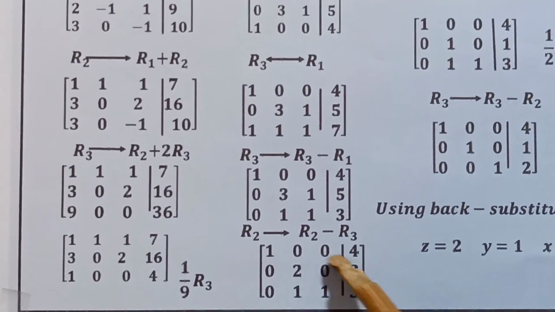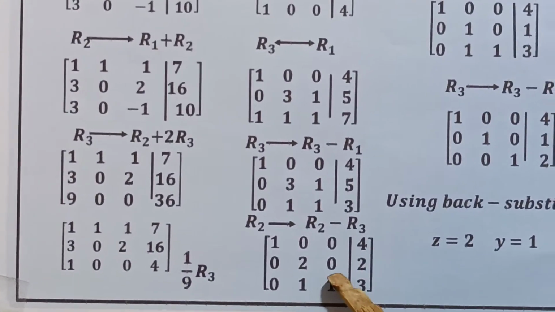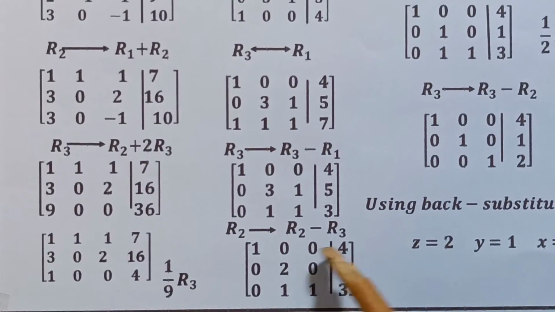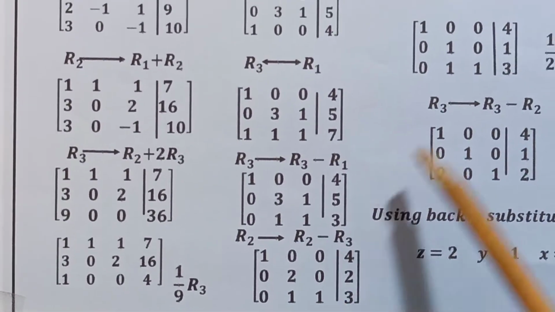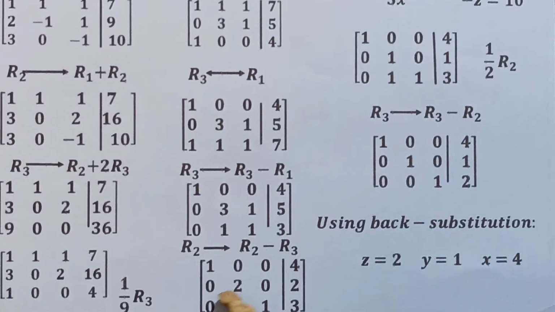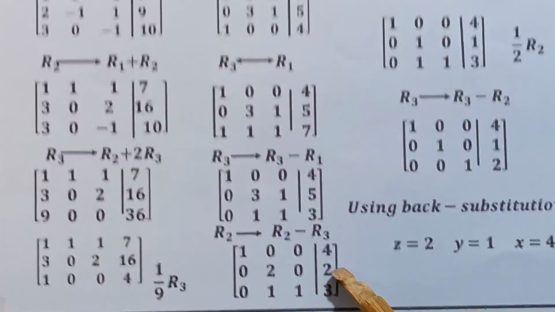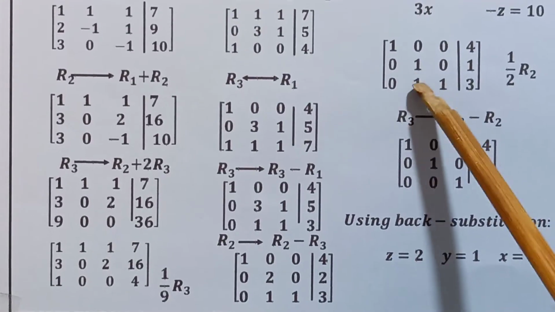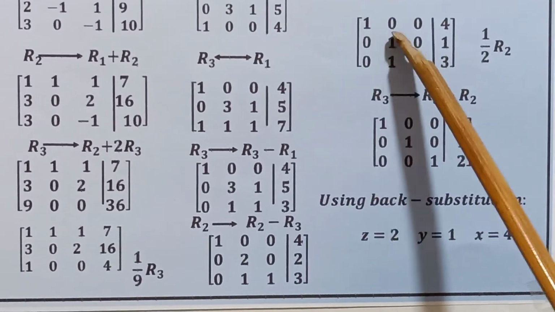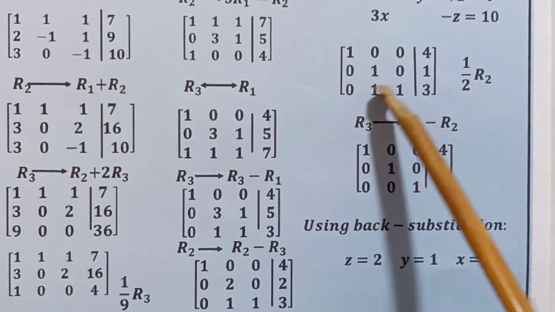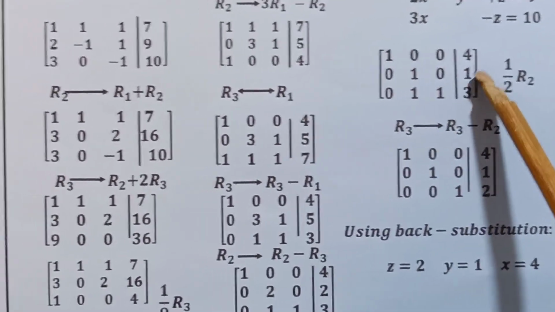Then we can simplify row 2 by multiplying it by 1 over 2, or dividing it by 2. After dividing row 2 by 2, we get 0, 1, 0, 1. And then we just copy all the other rows: 1, 0, 0, 4, and 0, 1, 0, 1.